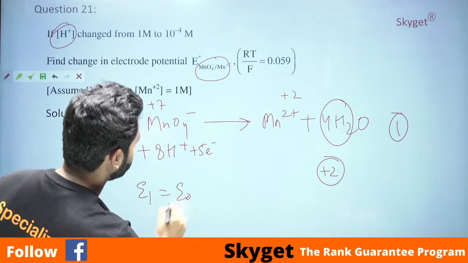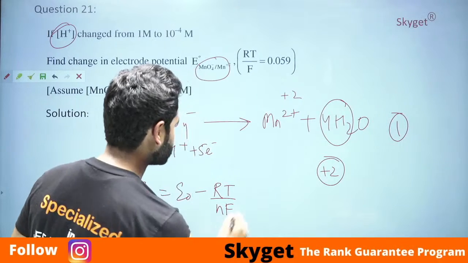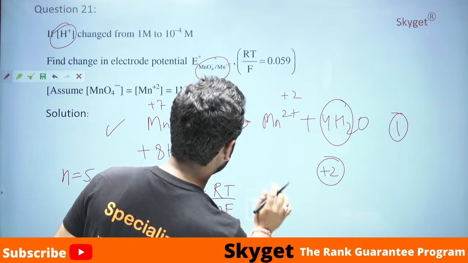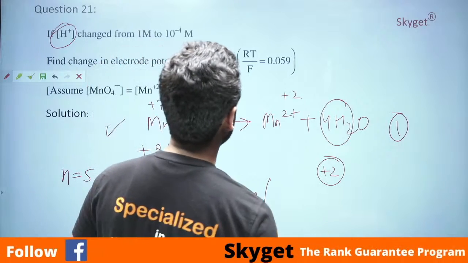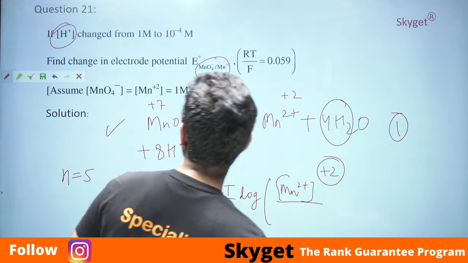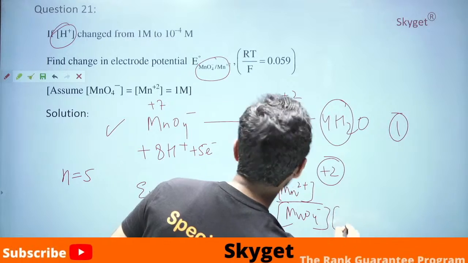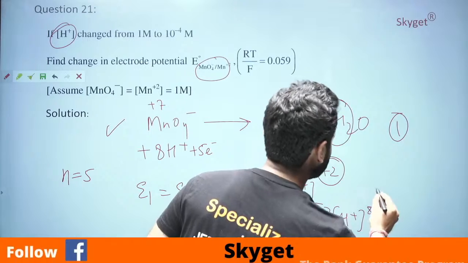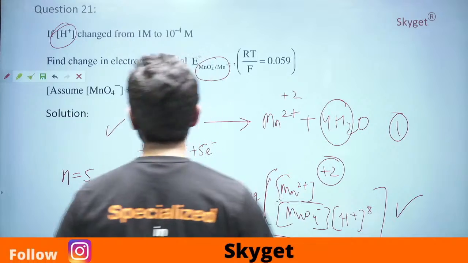E1 equals E0 minus RT by NF ln of the concentration of Mn2 plus divided by the concentration of MnO4 minus and concentration of H plus raised to the power 8. Don't forget to raise the power, okay? It's very important, else you will regret.